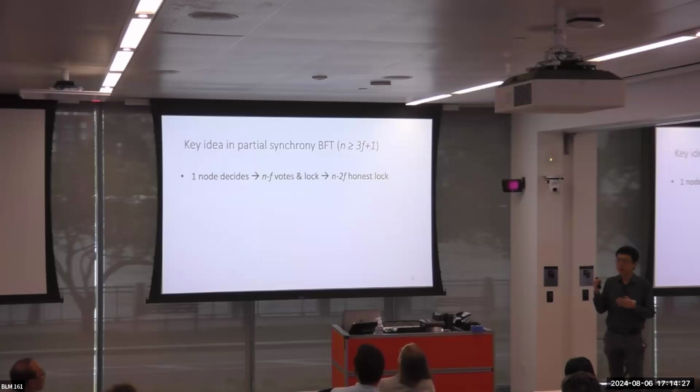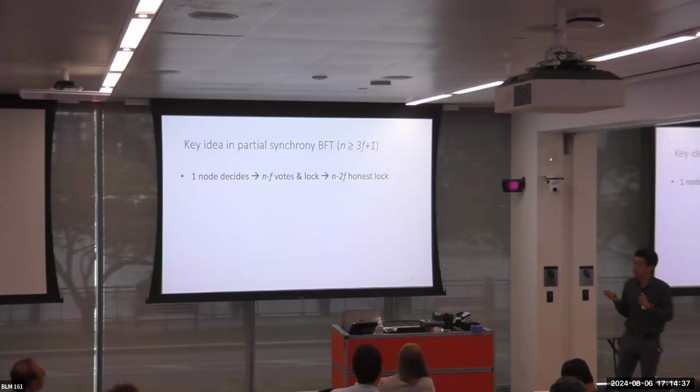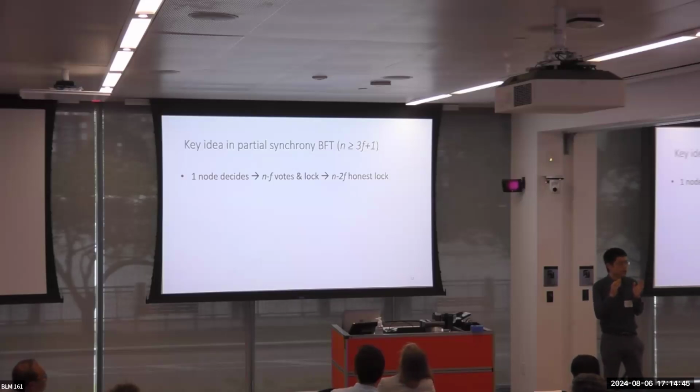So let me take a step back and give you a very rough recap of how partially synchronous protocols work. Pretty much they all follow this paradigm. A decision requires n minus f votes.